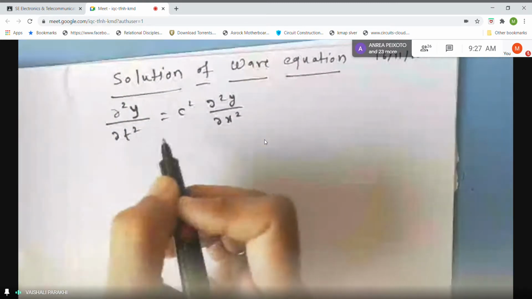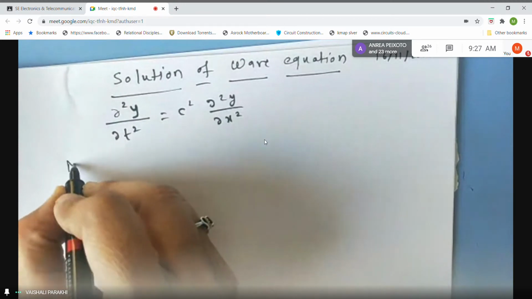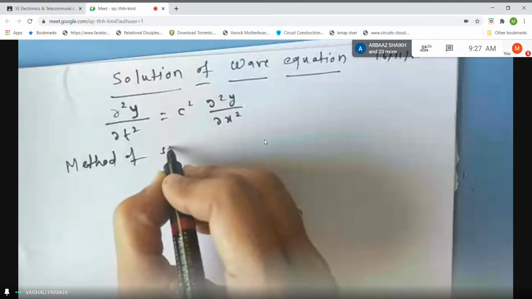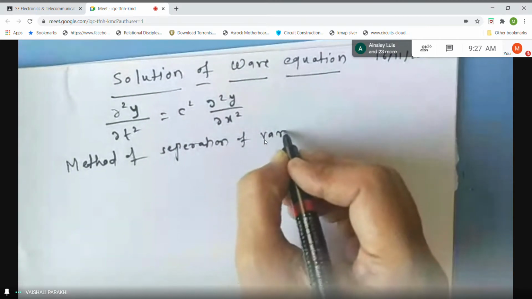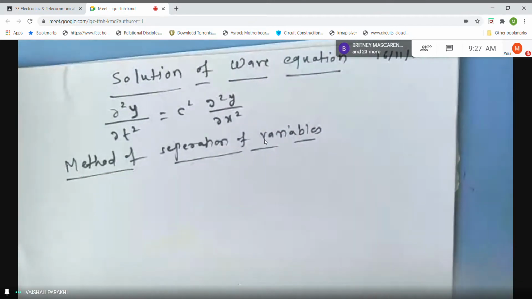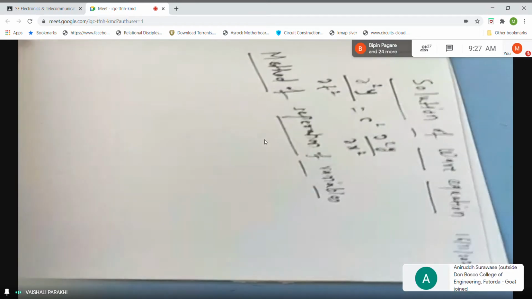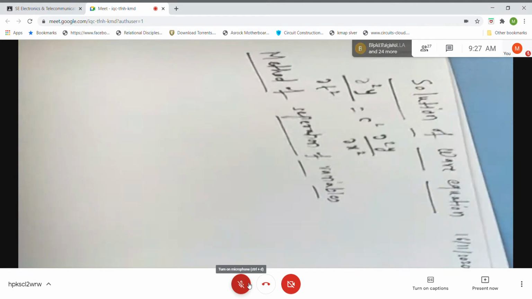So you can give the title method of separation of variables. Okay. So your wave equation is like this.